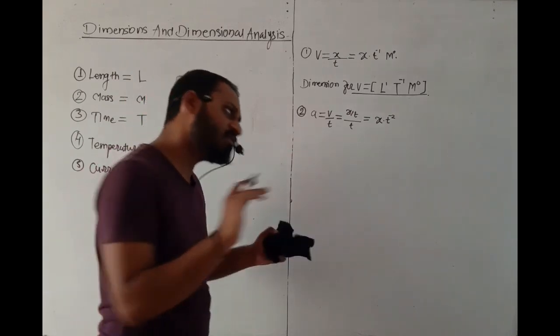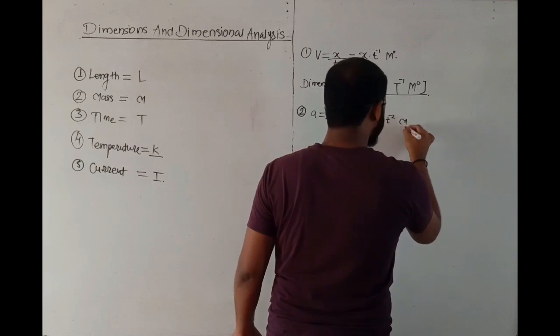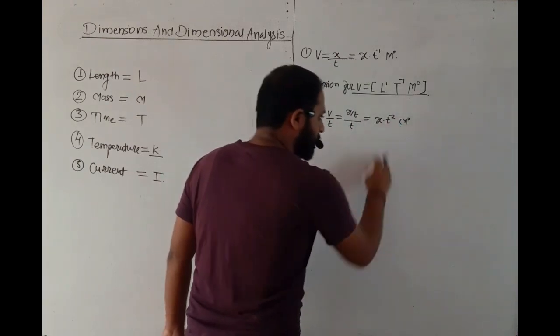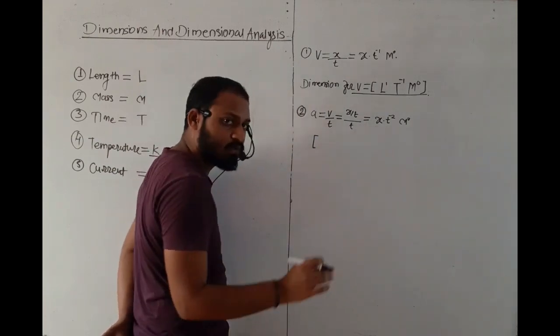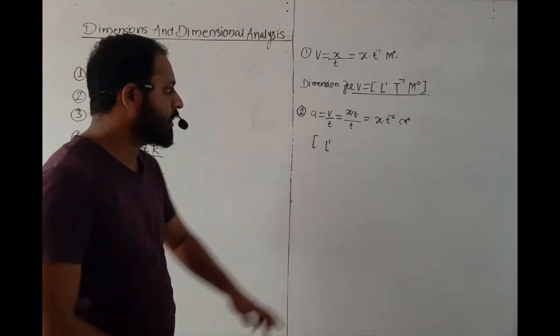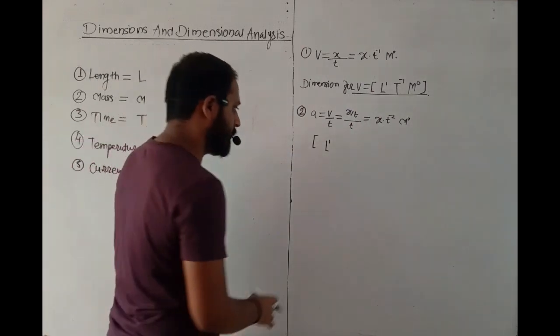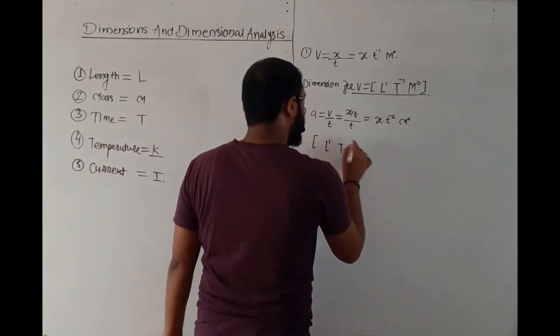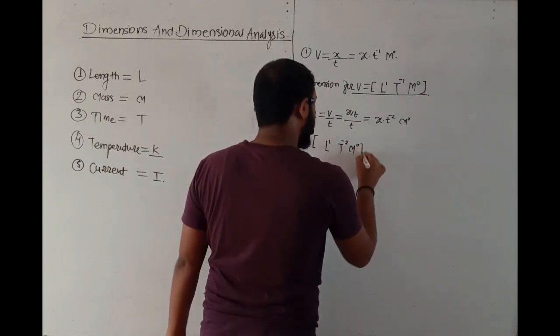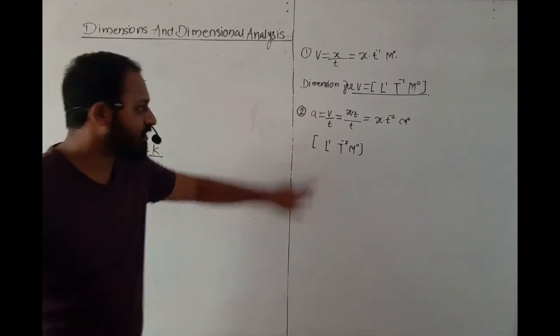Therefore m power 0. Okay, very good. Now see, square bracket. In place of x, you have to replace capital L power 1. Now in place of time, replace capital T minus 2, and M power 0. This is the dimension for what?